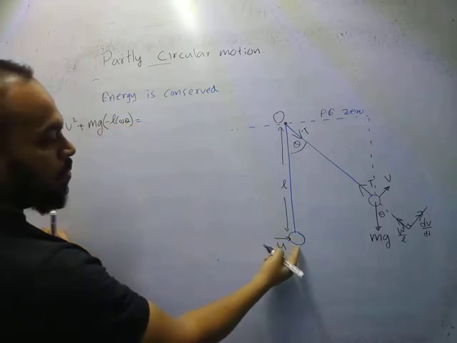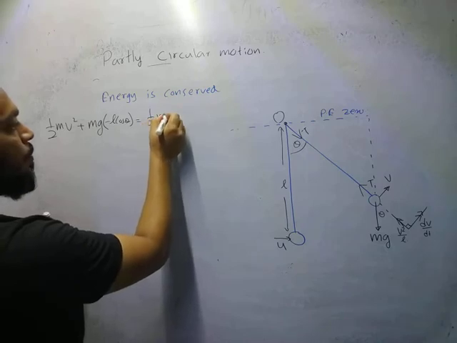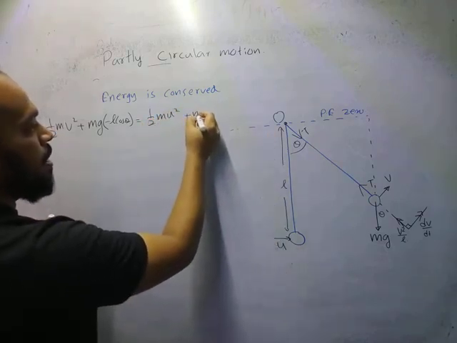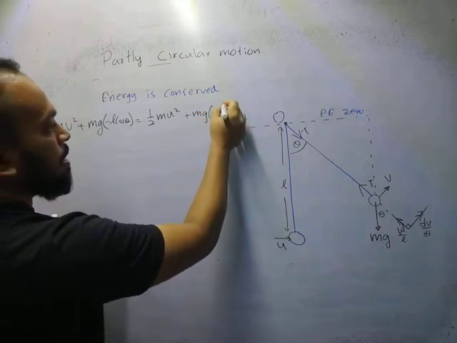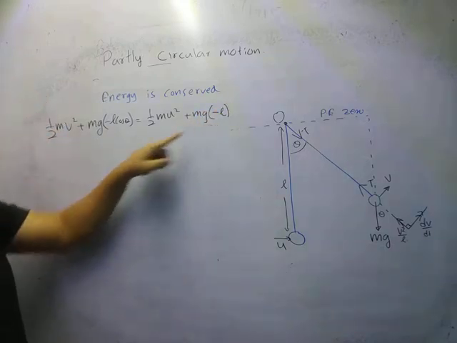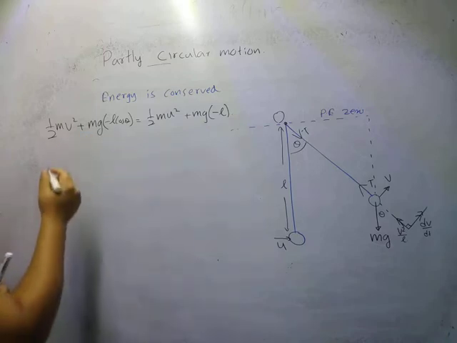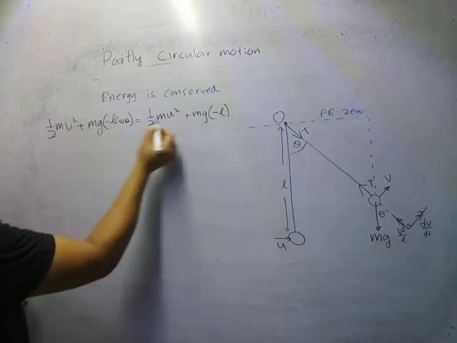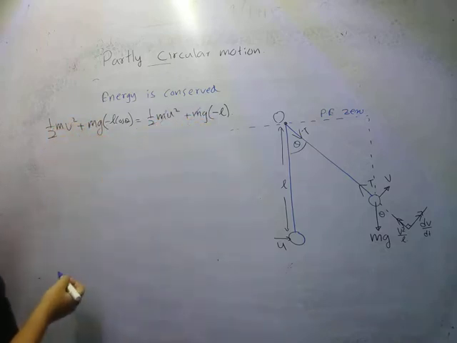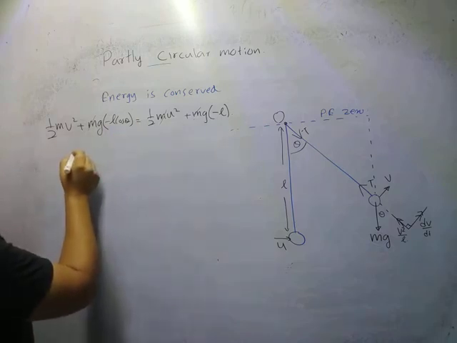That is equal to, initially, the kinetic energy half mu squared, and the potential energy is plus mg minus L. It's okay if you put minus mgL straight, or minus mgL cos theta. That's totally up to you. So you can see that m cancels out, and I can multiply the whole thing by 2.